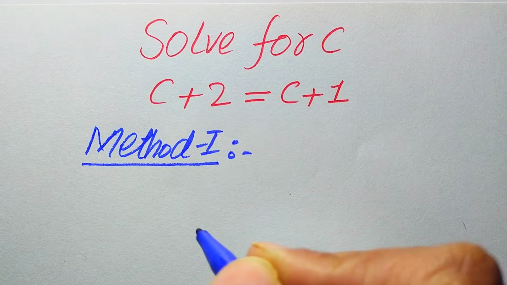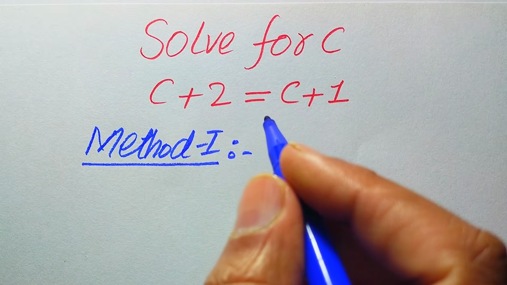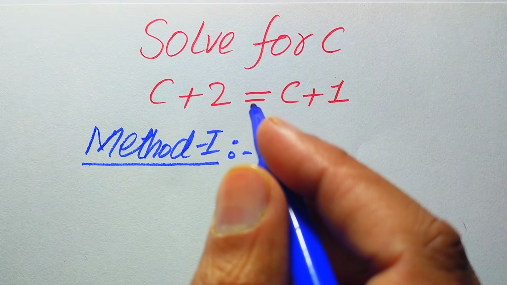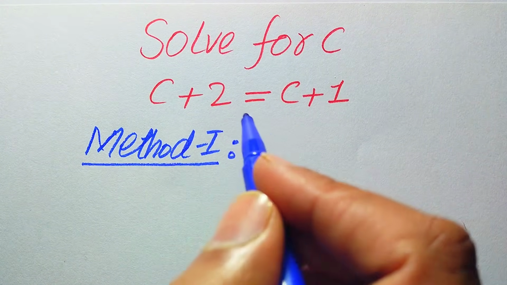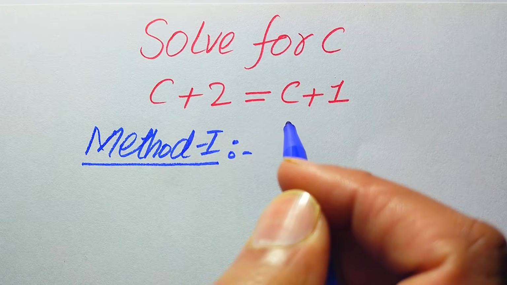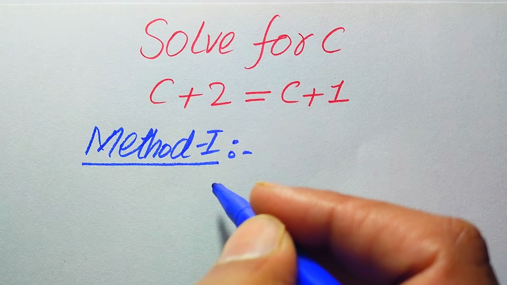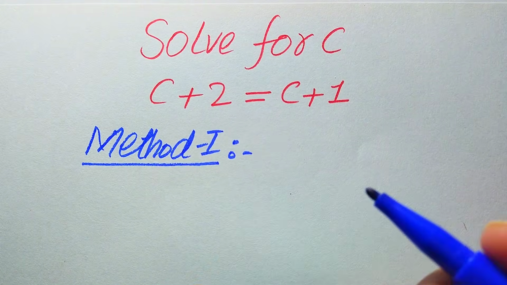In the first method, our target is to find the values of c, but if you look directly at the question statement, it is not easy to find the values of c. Here I can use another technique by which we can easily find the values of c.